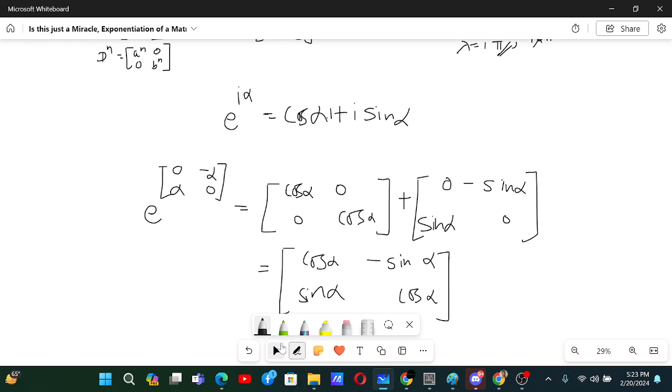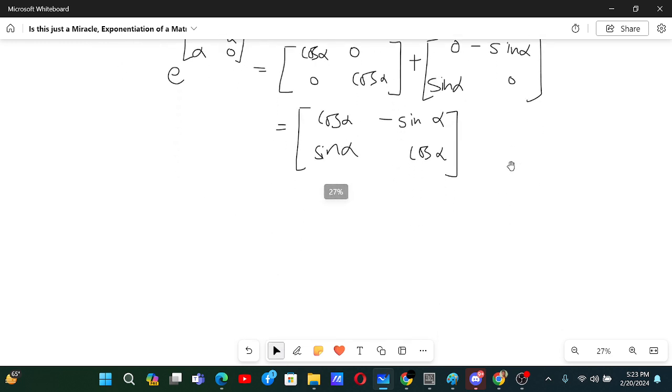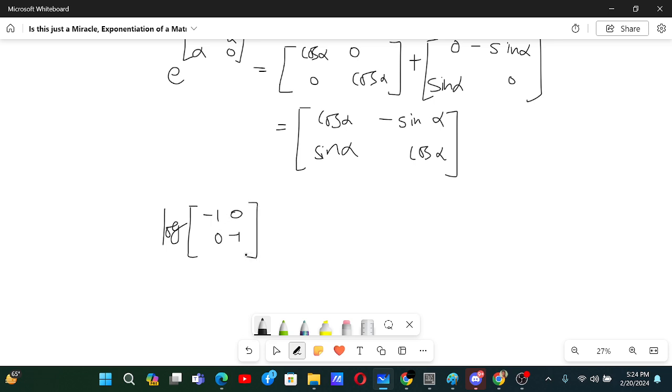So basically from here what we can also say is, if I take log of minus 1 0 0 minus 1, I will just get 0 minus pi pi 0.